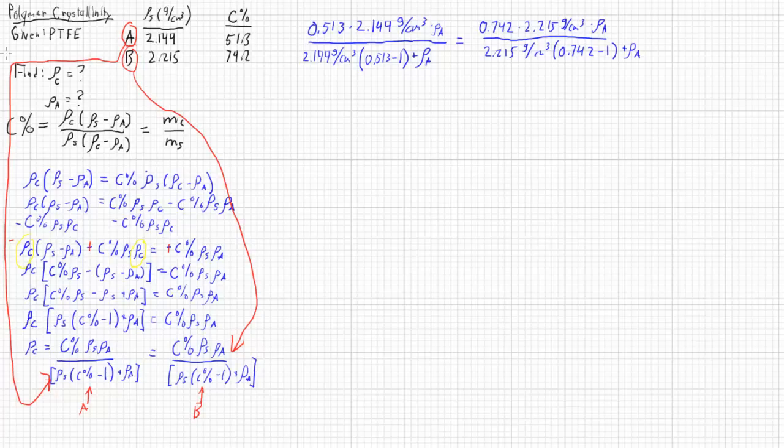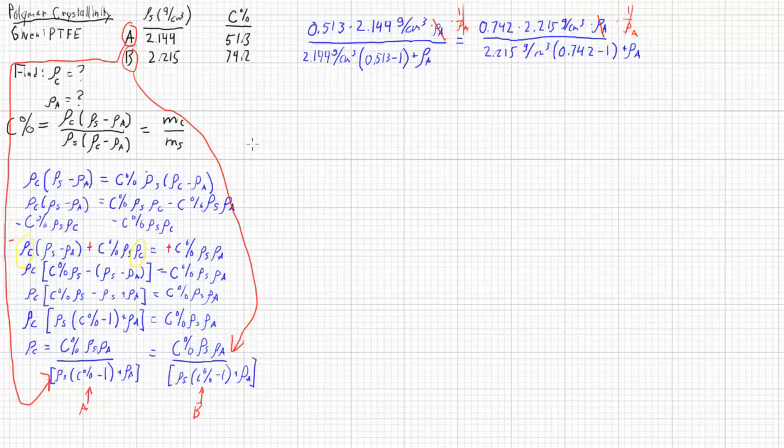Now we can cancel out this from here if we divide both by the density of the amorphous material. So we'll do some calculations and figure out what we have up here and have up here.